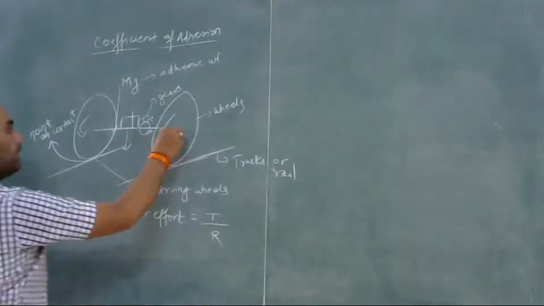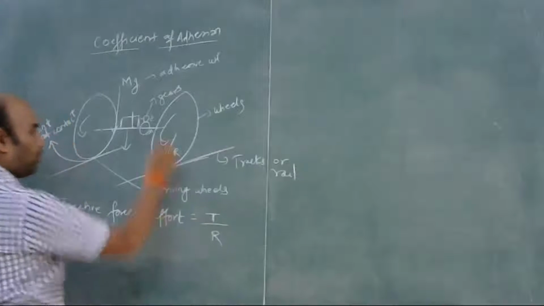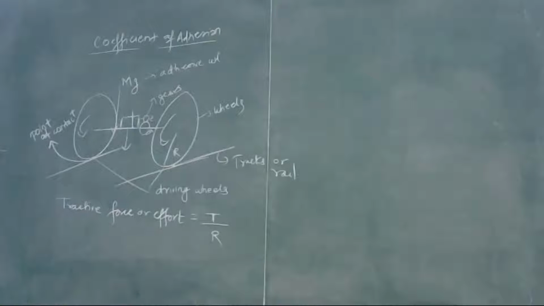Here r is the radius of the wheel and T is the torque that is produced. This is the tractive torque.